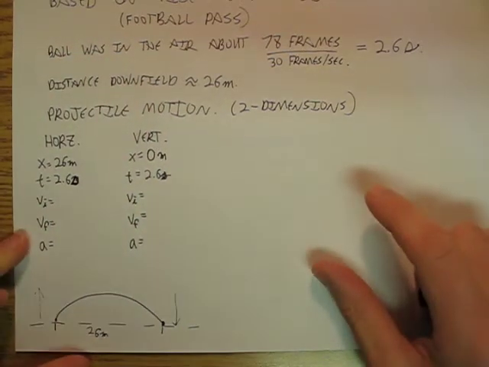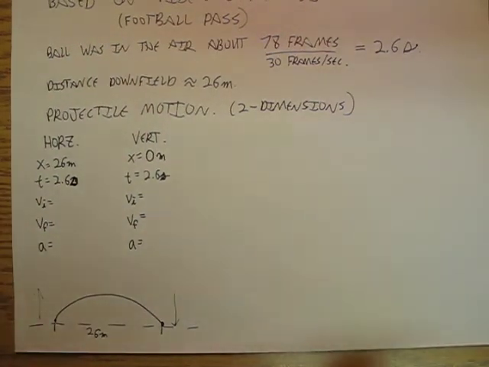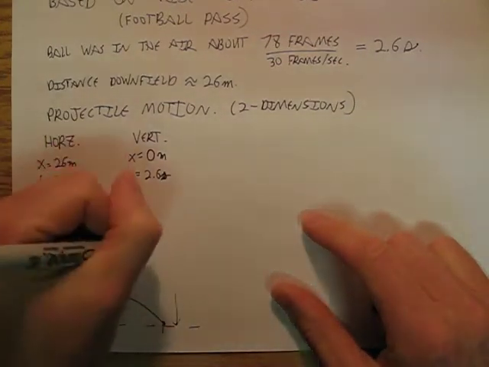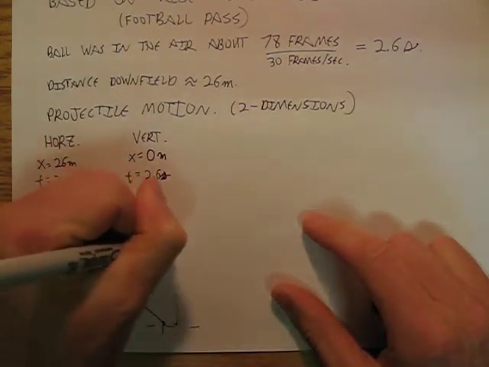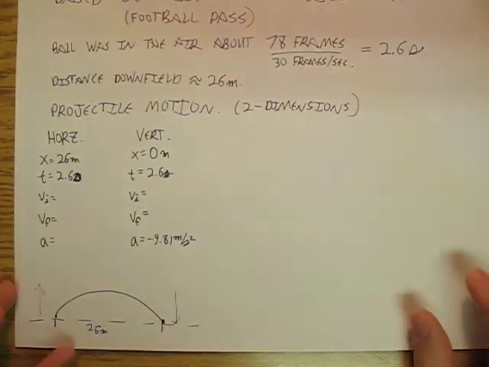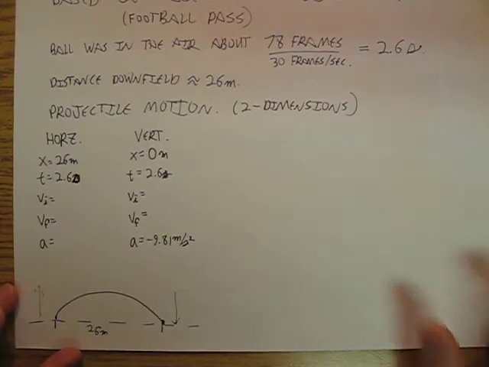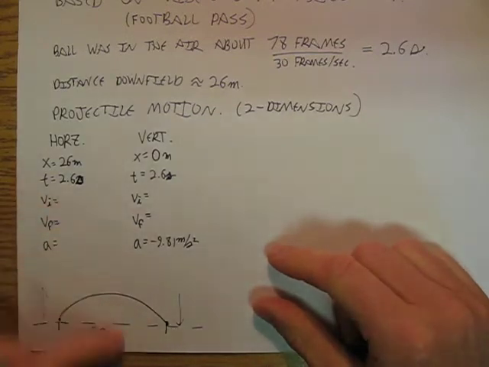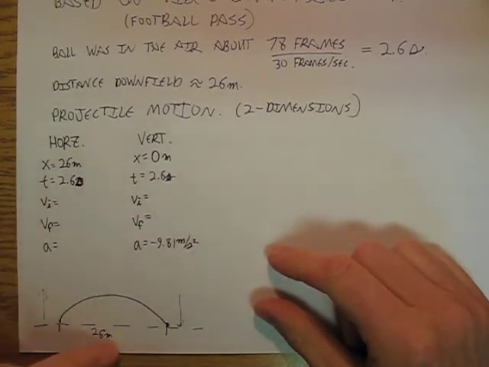Okay, now we know something about the accelerations too. By this time you should know that the vertical acceleration is negative 9.81 meters per second squared from previous considerations. We talked about that in chapter 2. Now, gravity is pulling it in this direction.